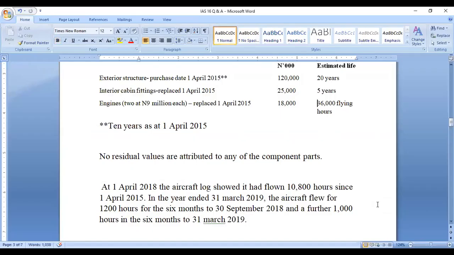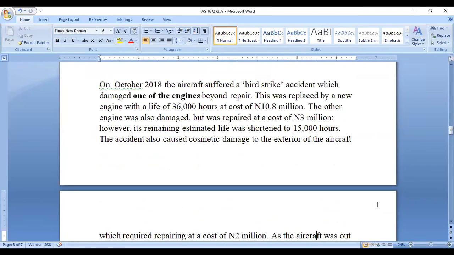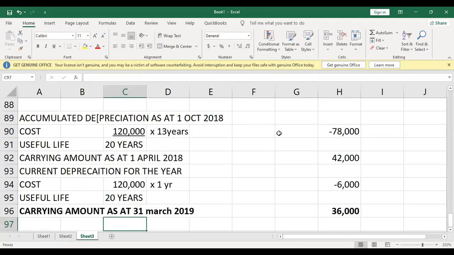Okay, so we're told that one of the engines was damaged beyond repair. So we had to dispose of it, right? Let's look at our worksheets for depreciation.